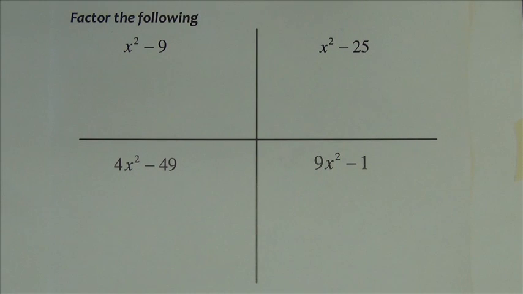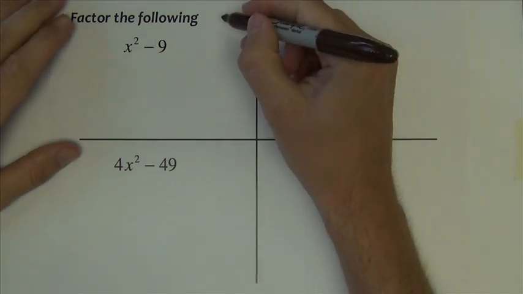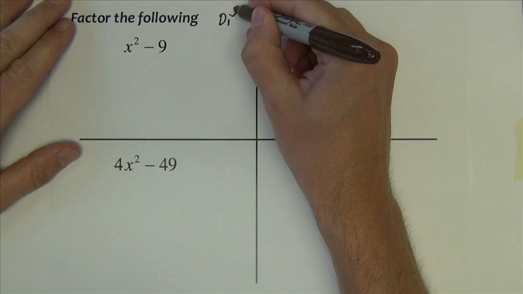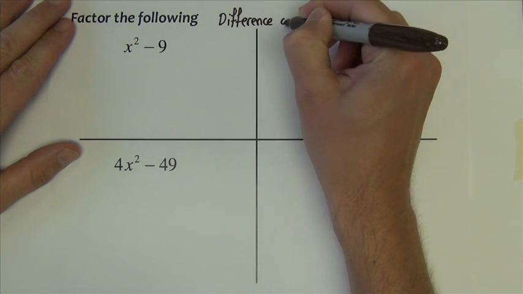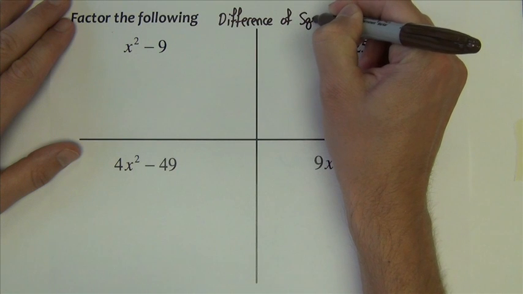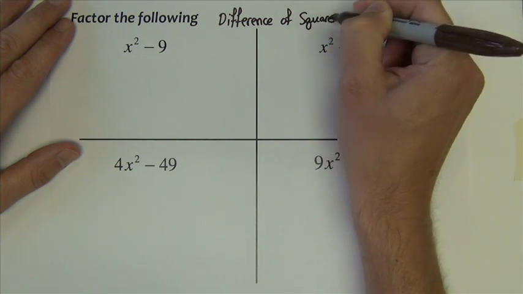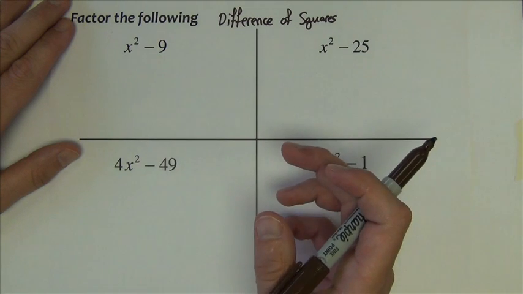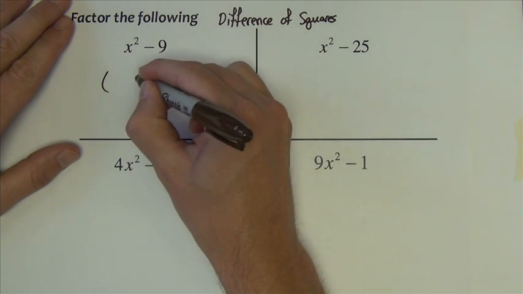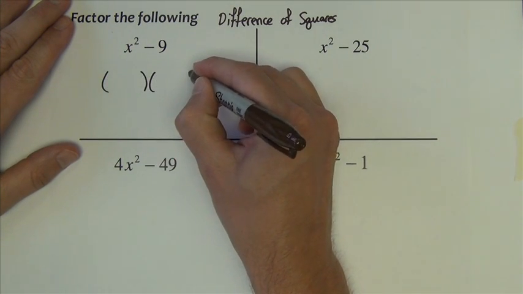Next, I want to look at some two-term factoring problems. All of these problems are examples of what we call difference of squares. Difference is subtraction, squares meaning perfect squares. They all factor into two binomials.